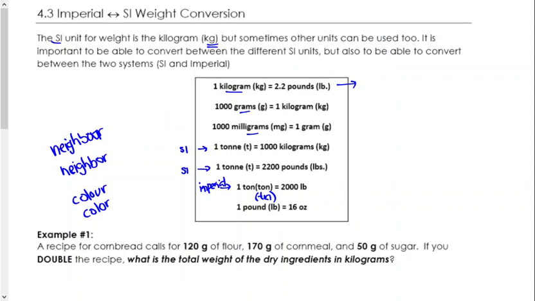So for example, if you weigh 135 pounds, you divide that by 2.2, and you would find that you weigh about 61.3636, so about 61 kilograms. Okay, so about half of your weight and a little bit more.